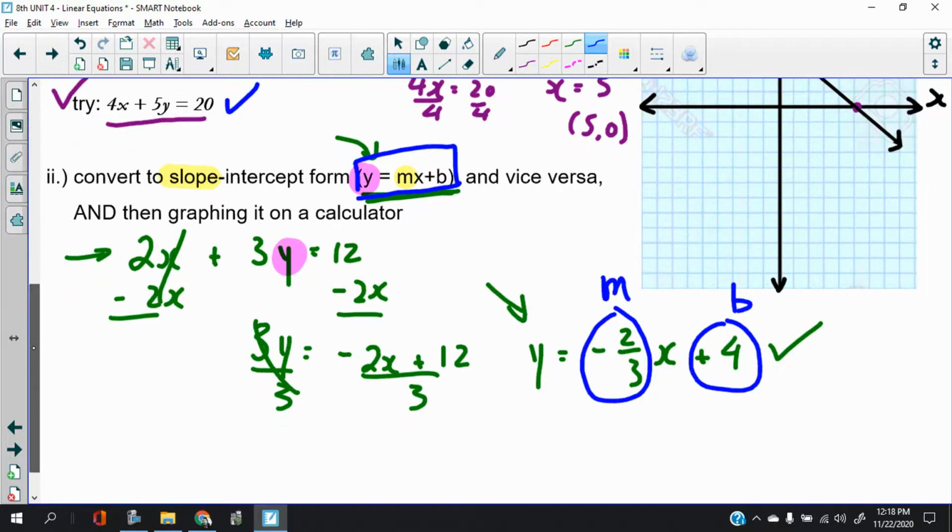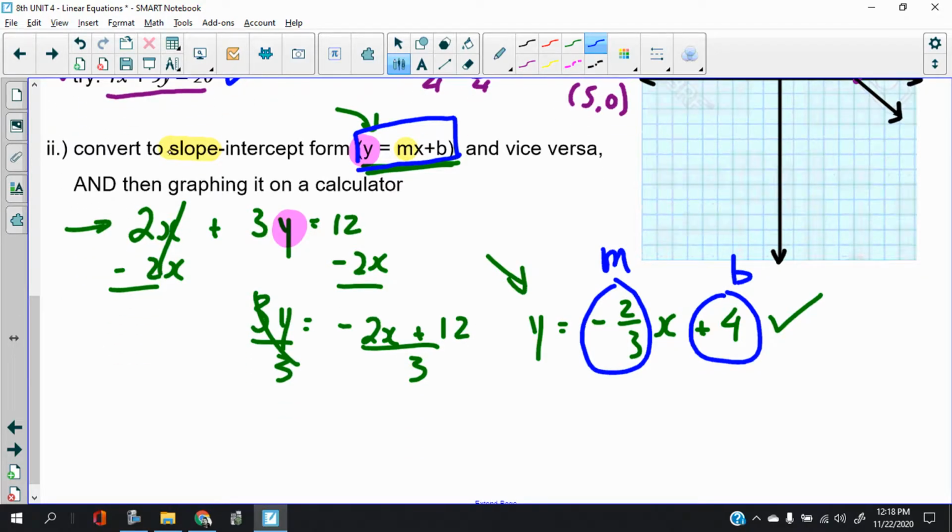Let's say you get a standard form question that isn't as nice and easy, with integers as x and y intercepts, you could technically turn these questions into a slope intercept form and then just put it in the graphing calculator, get the table of values from the graphing calculator, and then just graph it on the calculator. Okay, so it's a lot of things happening at the same time.